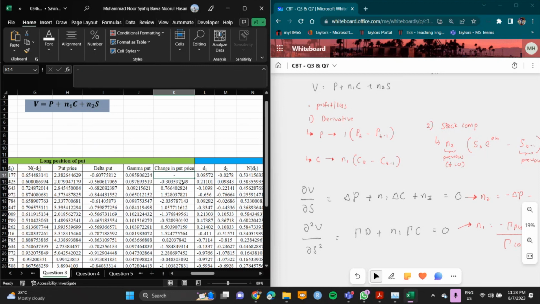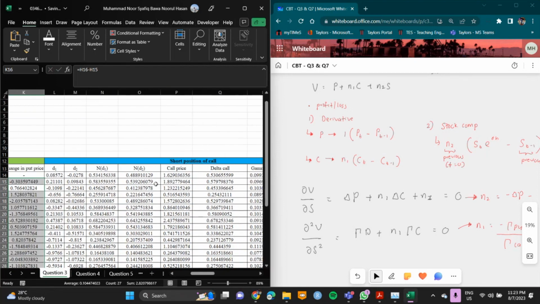So of course for day 0 there is nothing, and then from day 1 onwards you just drag the put price from day 1 minus day 0 until day 27 minus day 26. It's done for the put component.